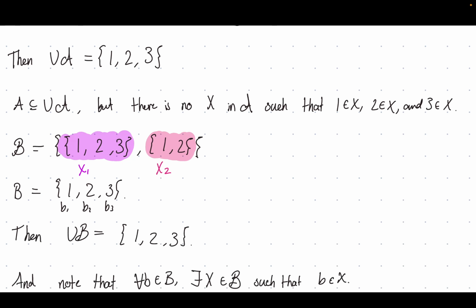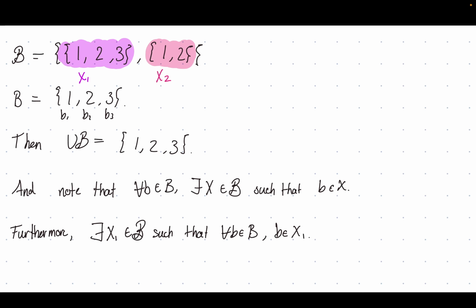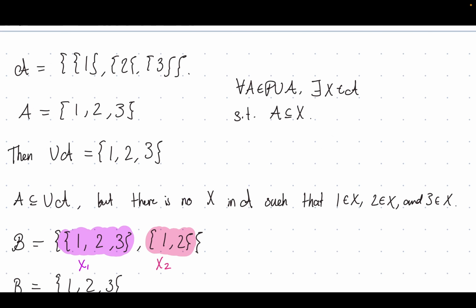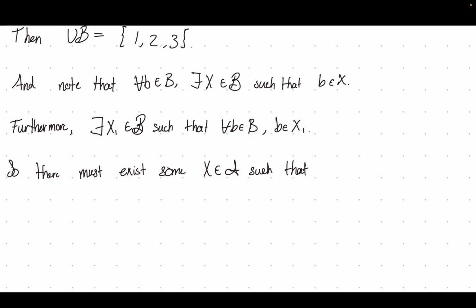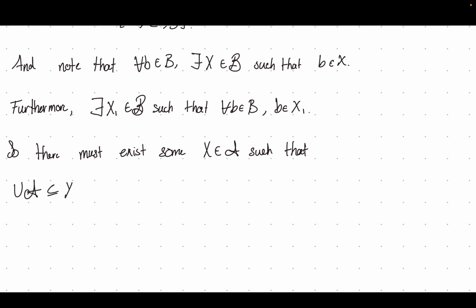But anyway, what I'm trying to get at is, since this needs to happen for every possible big A that is in the power set of the union of script A, there must exist some x in script A that contains every element of the union of script A, because the union of script A is a subset of the union of script A. So there must exist some x in script A such that the union of script A is a subset of x.